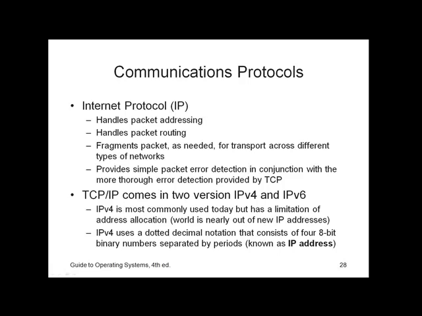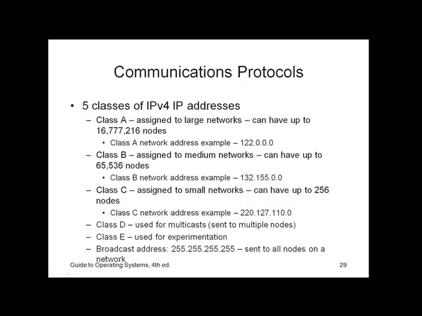Now, IPv4 uses a dotted decimal notation that consists of four 8-bit binary numbers separated by periods. You know these as IP addresses. There are 5 classes of IPv4 IP addresses. Let's talk about each of these in a little detail.